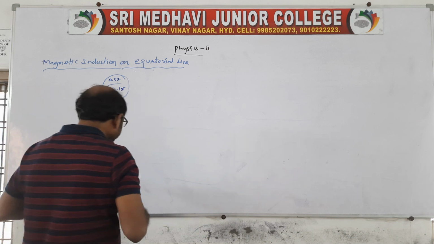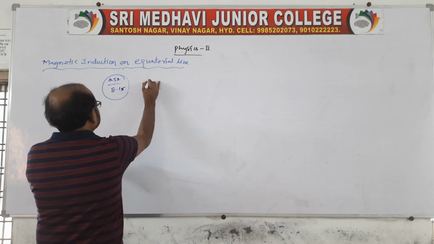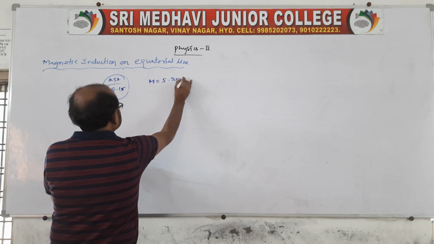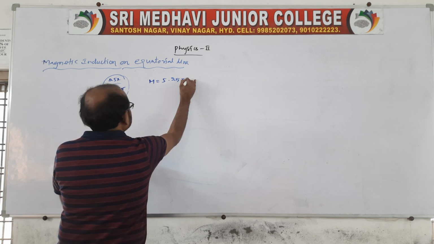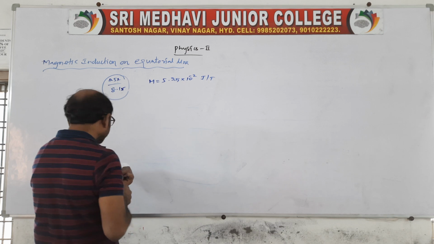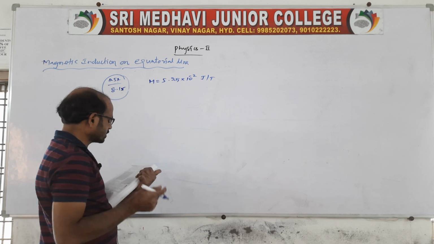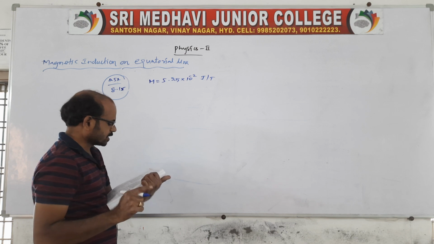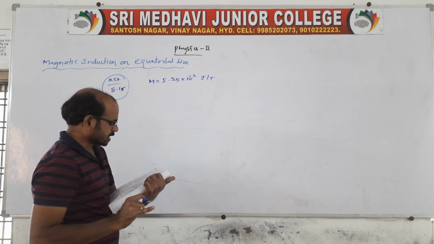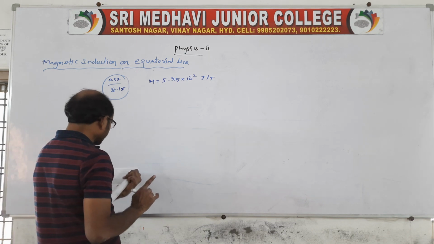Read the question. The given is a short bar magnet of magnetic moment capital M, 5.25 into 10 power minus 2 joule per Tesla, placed with its axis perpendicular to the earth field direction. At what distance from the center of the magnet is the resultant magnetic field inclined at 45 degree with the earth field?